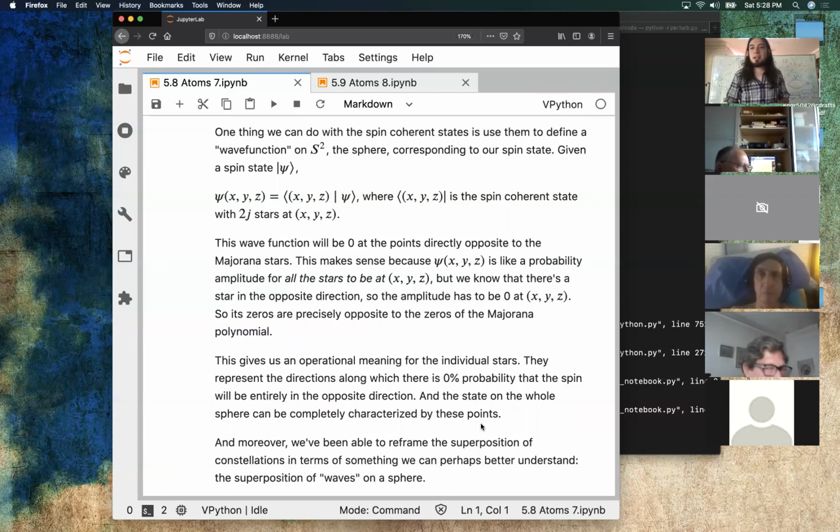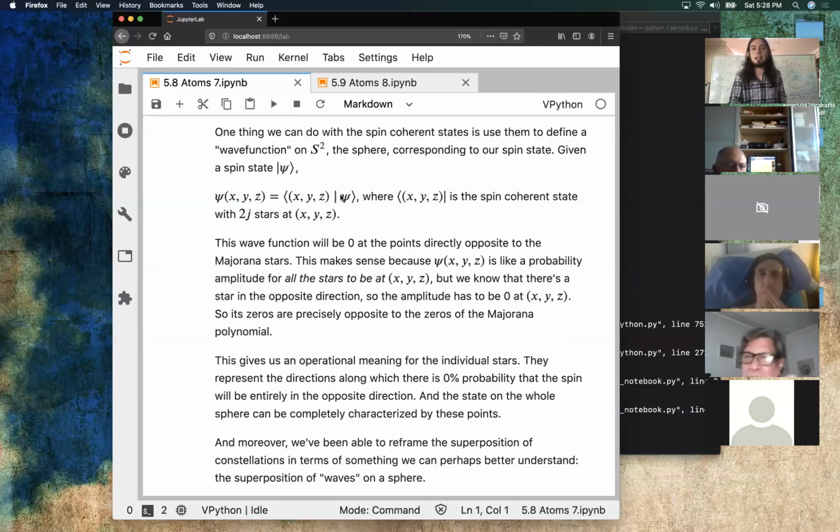In other words, we could imagine we have some spin state psi, and we could imagine taking the inner product of that spin state with the spin coherent state where there are 2J points at the point XYZ. I'm denoting XYZ here the spin coherent state with 2J stars at XYZ. That's a point on the sphere.